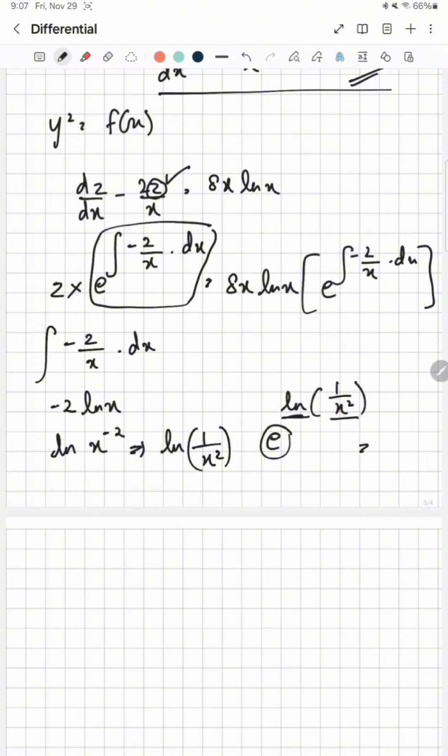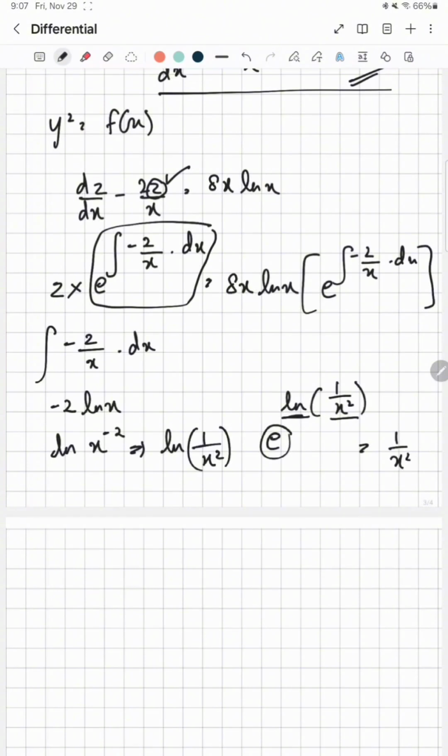So e to the power ln of 1 over x squared gives you 1 over x squared. Let's say it was e to the power ln 5, then your answer is 5. E to the power ln x is x. That's what I'm trying to show you here. So the answer is 1 over x squared.